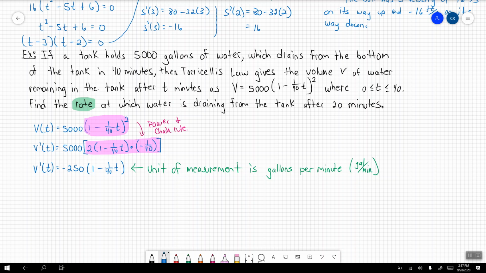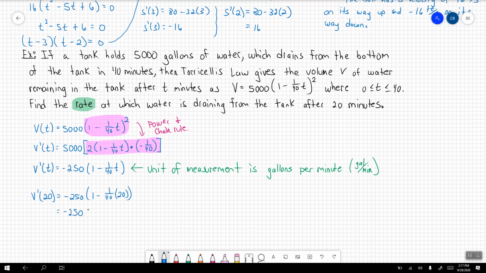So let's go ahead and find 20 minutes. So let's find this rate of change, in gallons per minute, at 20 minutes. Negative 250 multiplied by 1 minus 1 over 40 multiplied by 20. There we are. All right, so we can simplify this just a little bit more.